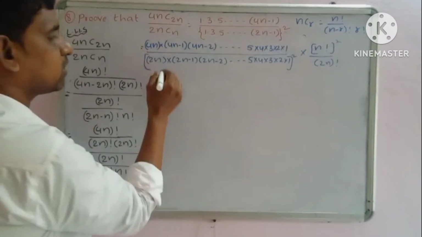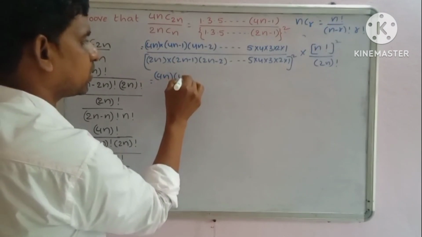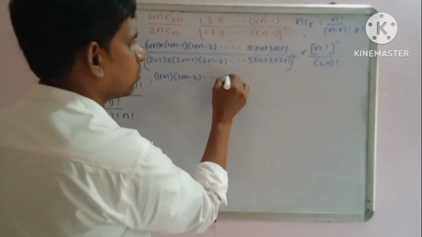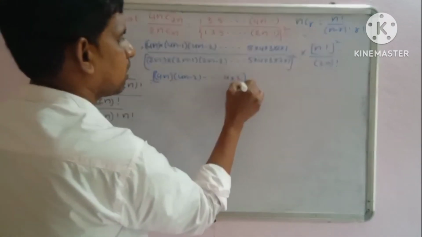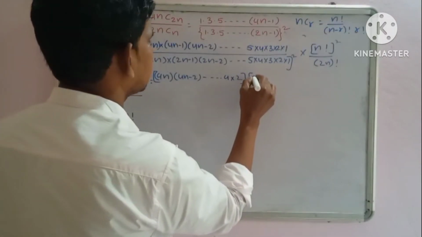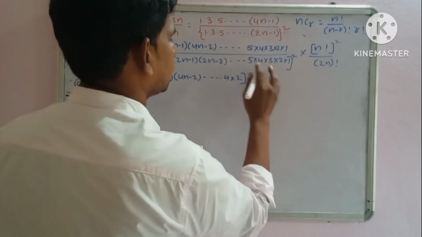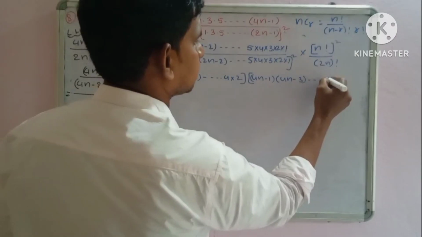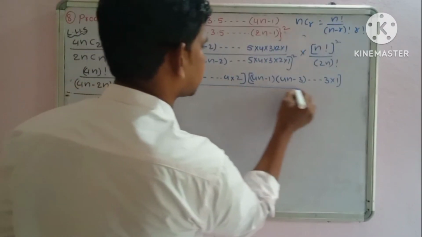Okay. Now separate even numbers and odd numbers, that means even terms and odd terms. So even term 4n is an even term. Next even term is 4n minus 2. Next even term is 4n minus 4, and so on down to 4 into 2. Odd terms: 4n minus 1, next 4n minus 3, and so on to 3 times 1, by.